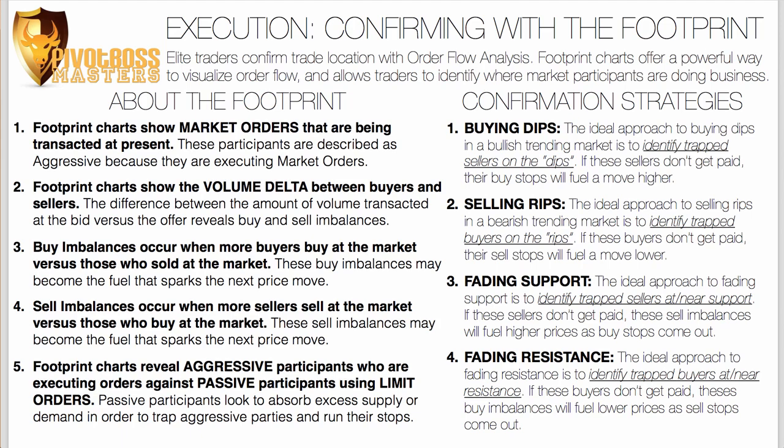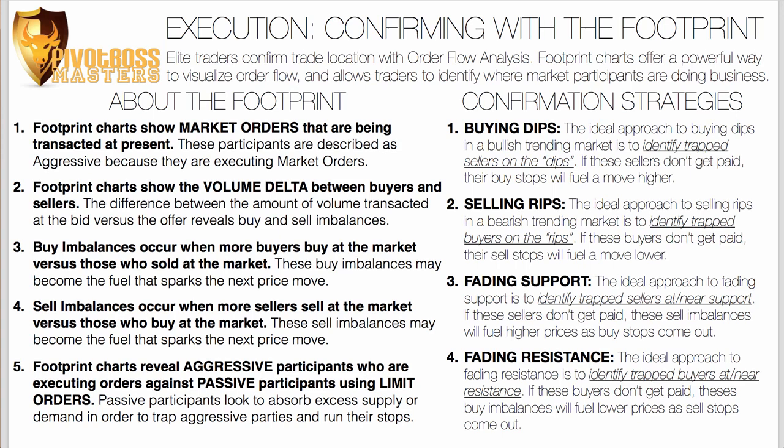And that's very, very powerful information. So order flow is all about the flow of orders that are being transacted right now at the market. And order flow analysis is simply reading the flow of transactions and future orders to reveal the story of the market. What's happening? Are buyers winning? Are sellers winning? Who's winning the battle? And so that's what we're going to be looking for when we're confirming these entries with the footprint.